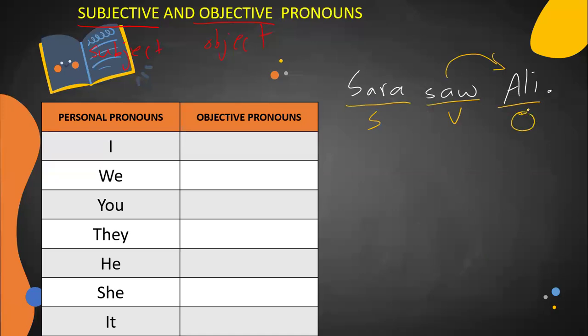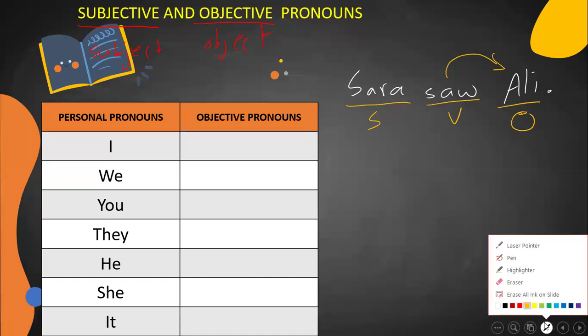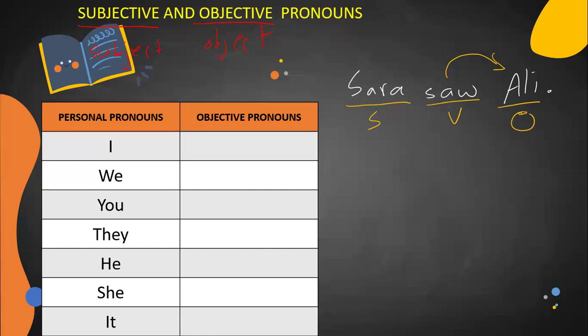Okay, Sarah saw Ali. Sarah and Ali are nouns. We may replace these nouns by the subjective pronouns and the objective pronouns that I have to use here. And what is the objective pronoun that I have to use instead of using Ali?